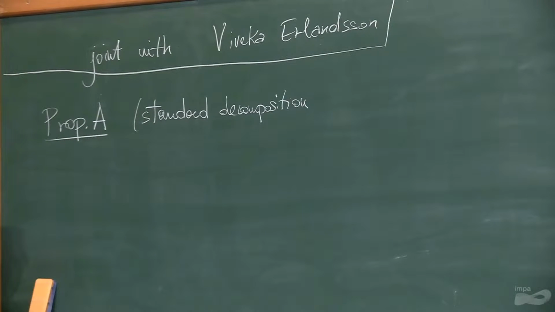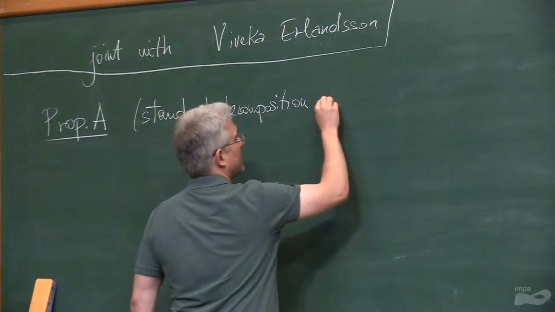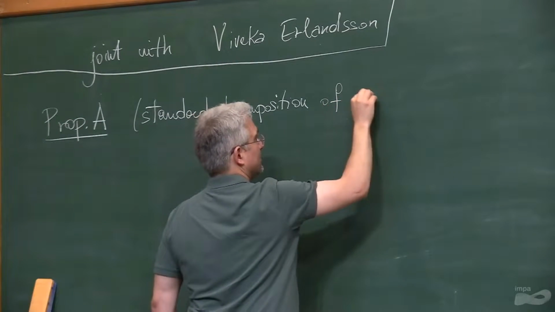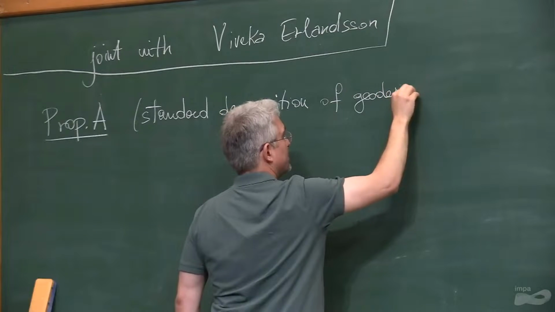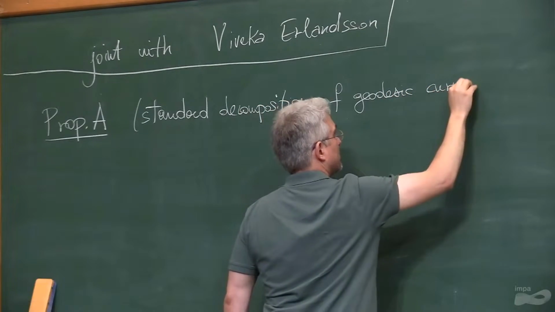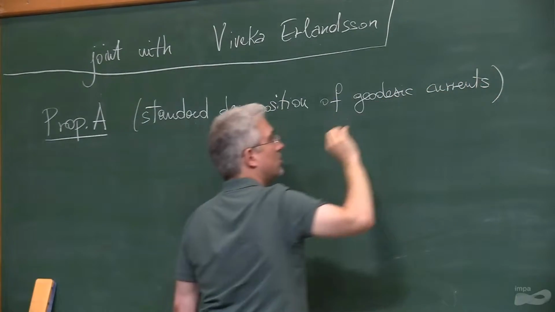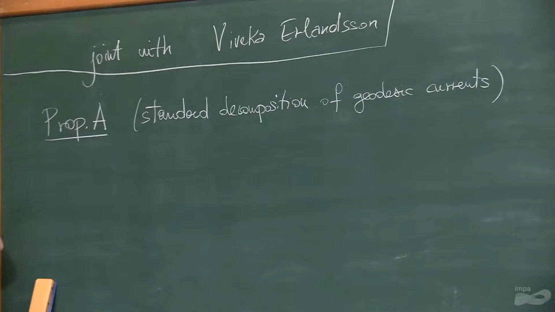So the first proposition we need is the standard decomposition of geodesic currents. I will comment later about credits, partial credit, what is known. For the moment, let me just say some results.